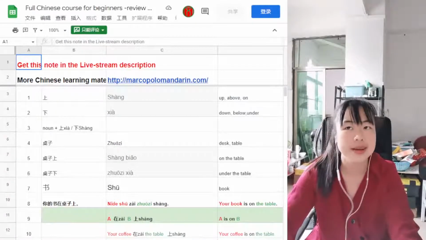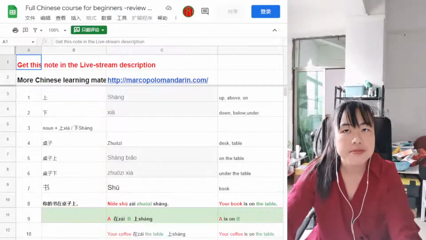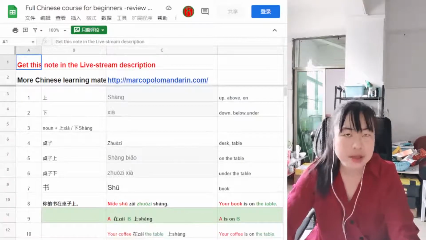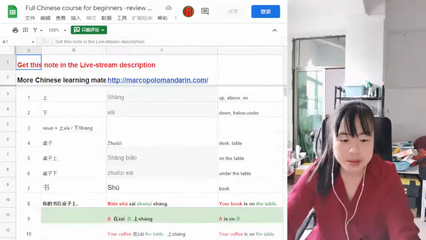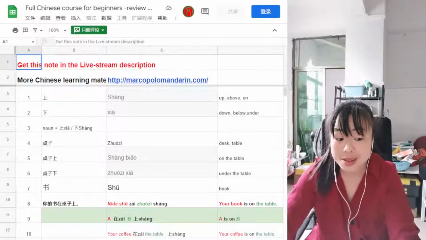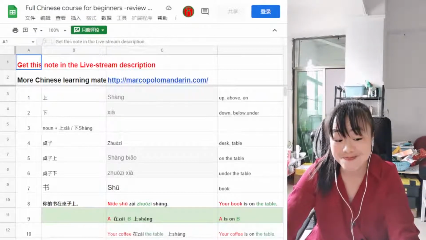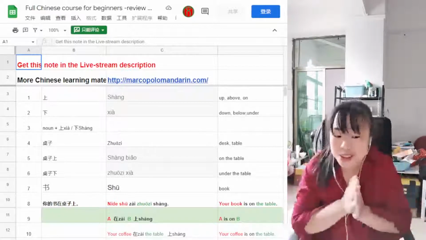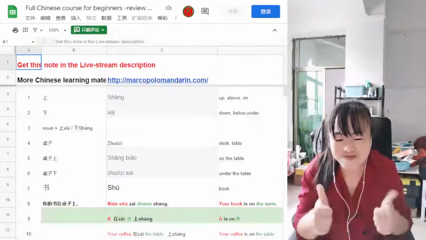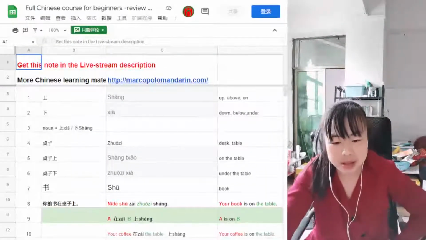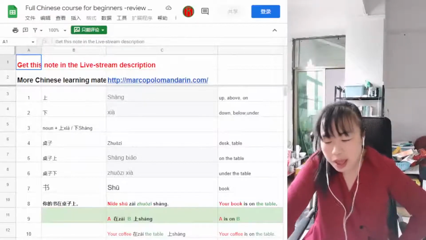We have slangs, we have idioms, we have many other unreasonable things. But if you follow the patterns, it will make your Chinese learning much easier. For this part, Chinese is very logical. Good. Okay, so now let's continue.